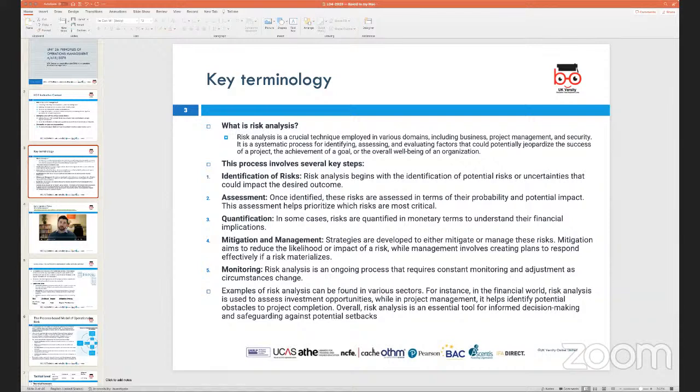Now, let's look at how you would carry out the process of doing risk analysis. How do we identify these risks? One of the things that we look at when we talk about identification of risks is that the first thing is you need to identify what the problem or the issue is.